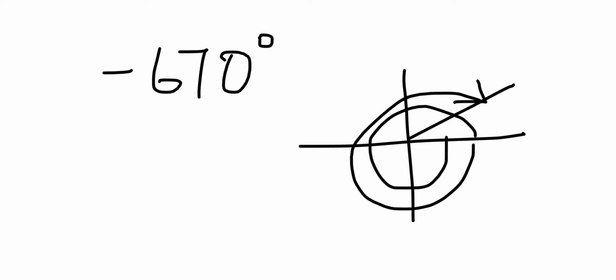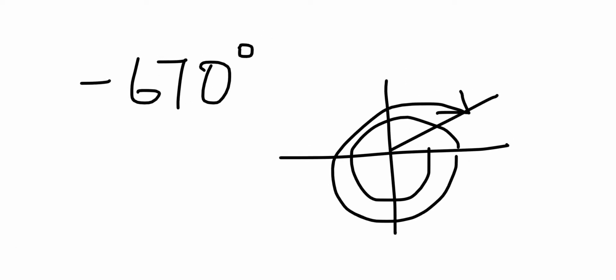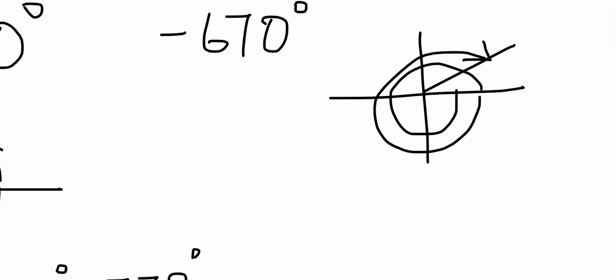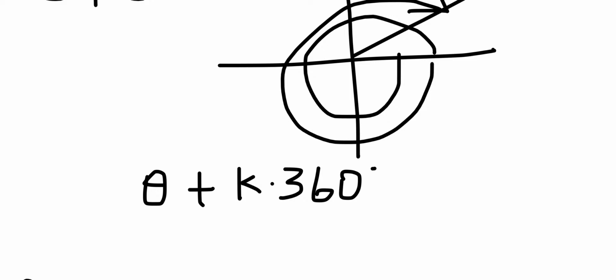In this case where you are having negative 670 degrees, you will say I'm definitely going to have an angle, to which I will need to add whatever times the 360 degrees.